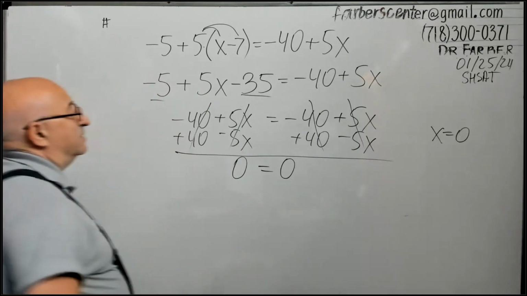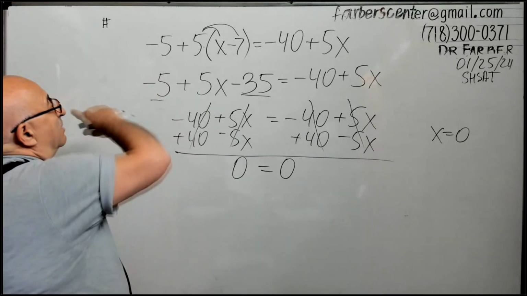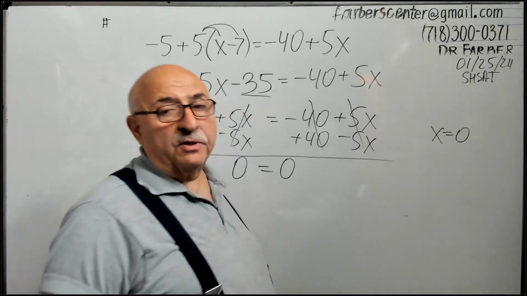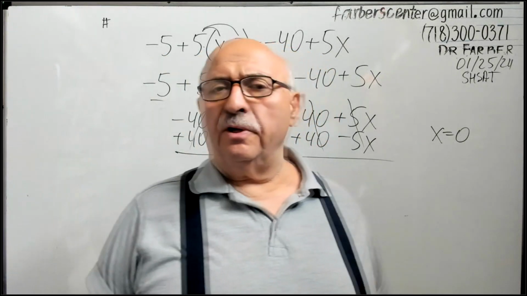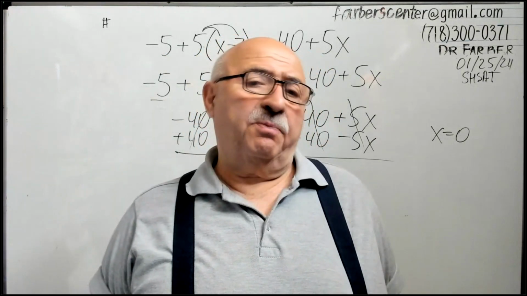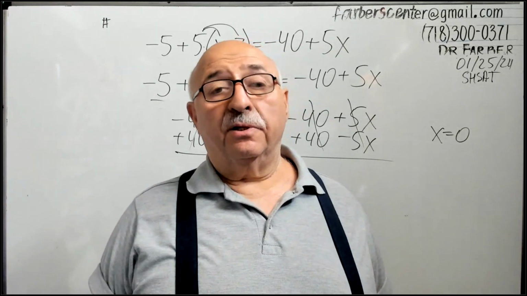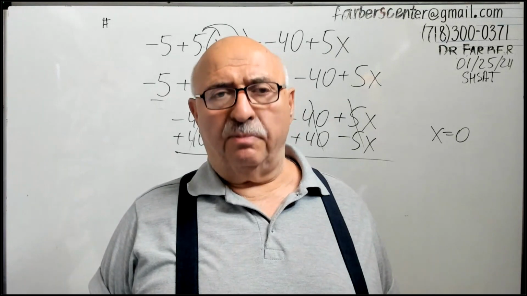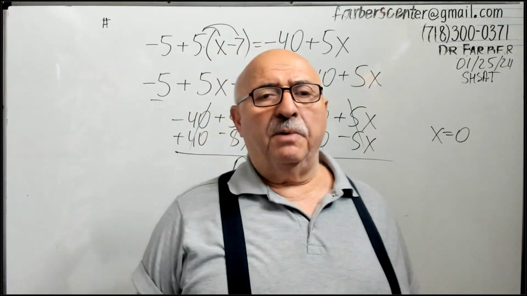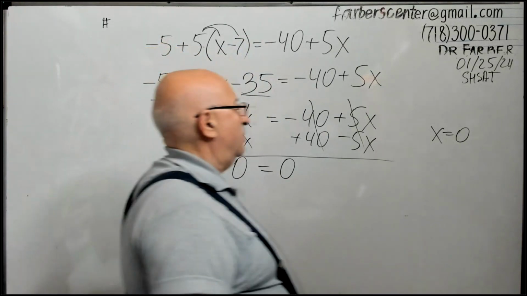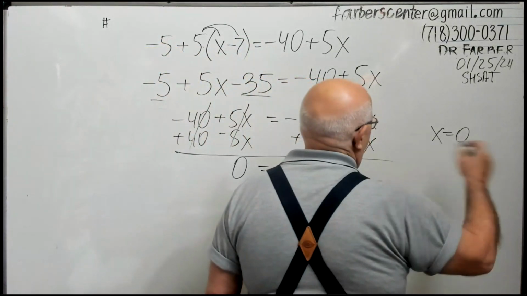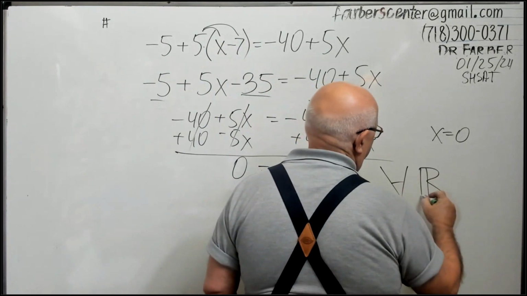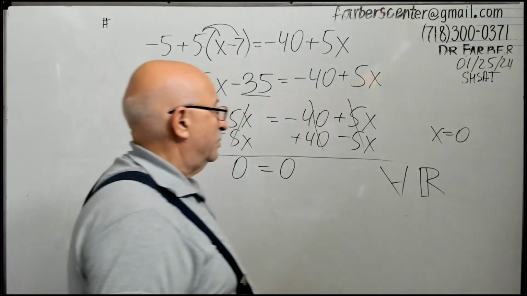How to interpret this result? So the solution of this equation is all real numbers, any numbers. Whatever I plug in instead of x, the left part would equal the right part. All real numbers. In math, we mathematicians are very economical. Instead of writing all real numbers, we write it with a symbol.